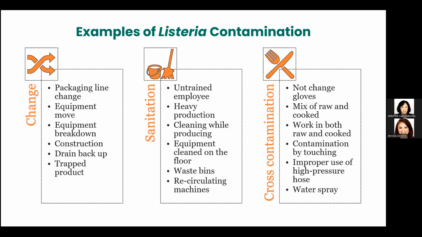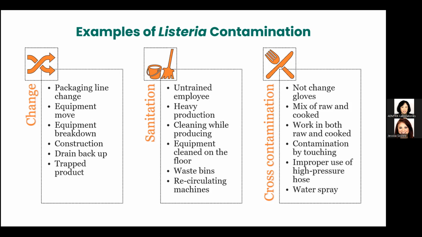One of the big things is personnel who handle ready-to-eat food touch surfaces or equipment likely to be contaminated, like the floor or the trash can, and then they don't change gloves. Or when raw or under-processed food is placed in the area designated for cooked food, if the production flow is not well controlled, this actually happens quite often. Or personnel who work both the raw food area and the cooked area.